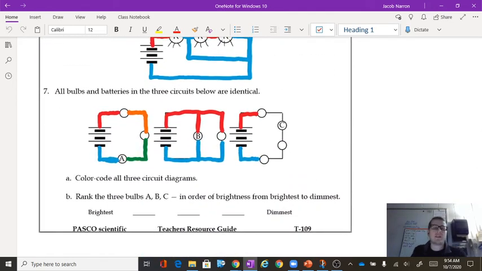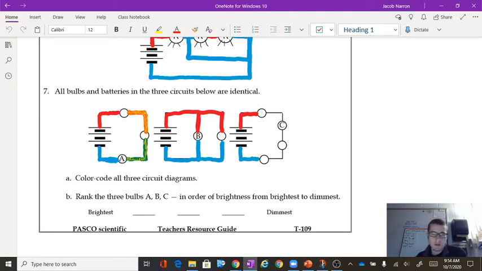We would expect all bulbs in the first circuit to be the same brightness. So if you wanted it to be kind of funny, you could make this an orangey yellow, and maybe this a greenish yellow, but I'm just trying to show the pressure difference is going to be the same across all 3 bulbs in that first circuit.